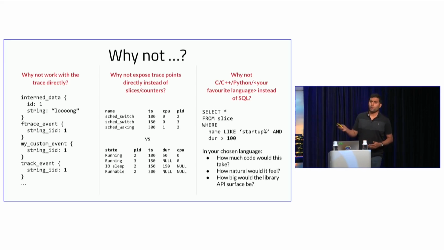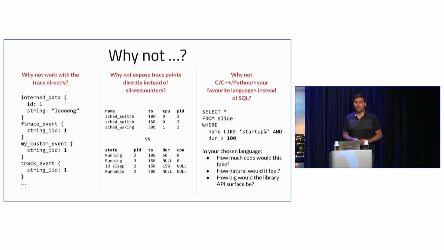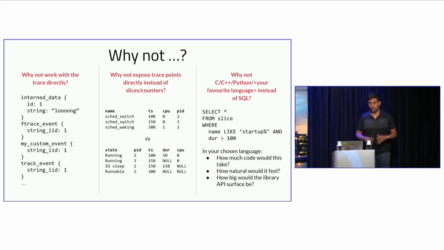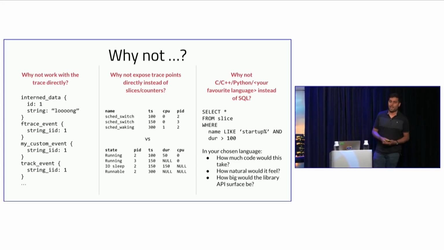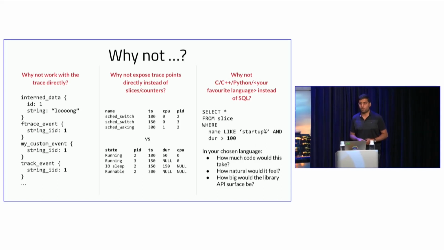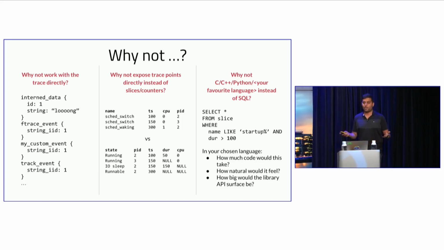I can already predict that there are some questions in your head about why not do X, where X is whatever. Three of the most common things I have come across in the past: first, why not look at the trace file directly? Well, as I said, traces are very efficient to write, but not necessarily to query.